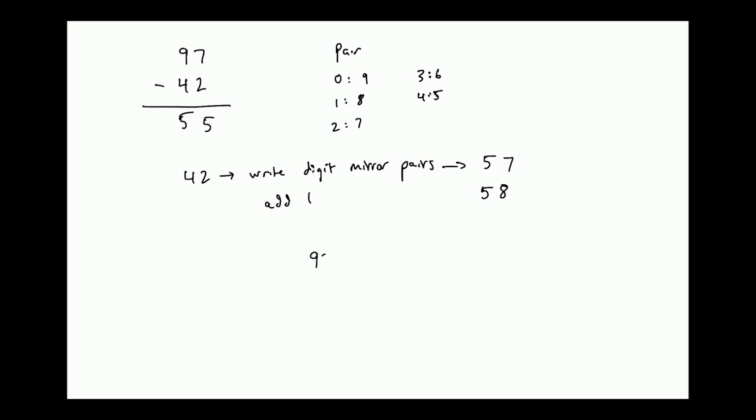Now let me take 97 and 58, this mirrored version with an extra 1 thrown in, and add those. Well, what's 7 and 8? 15, carry a 1. What's 1, 9, and 5? 15, carry a 1. Discard that carry, and look what I got.